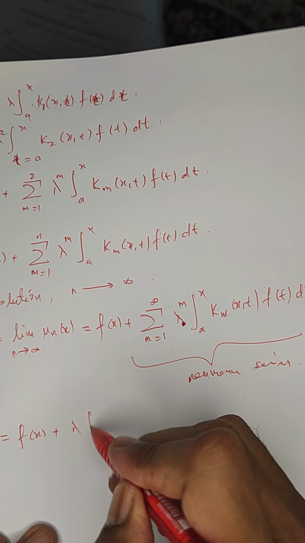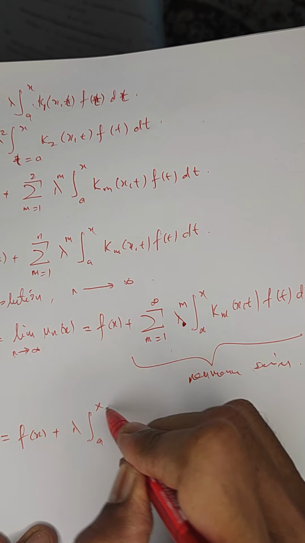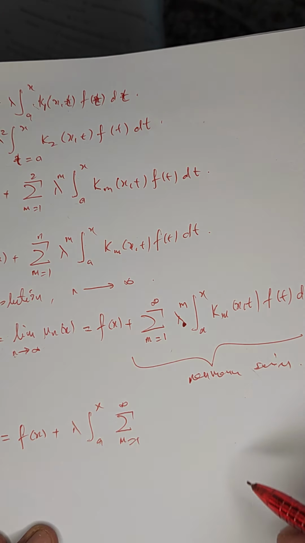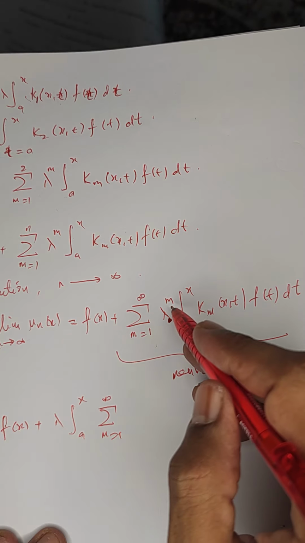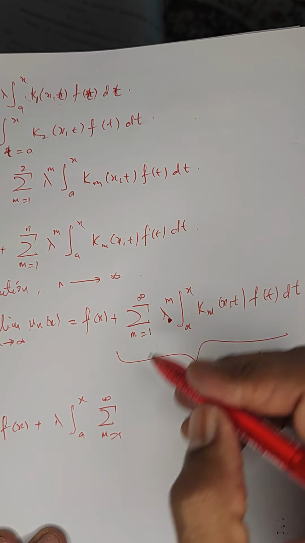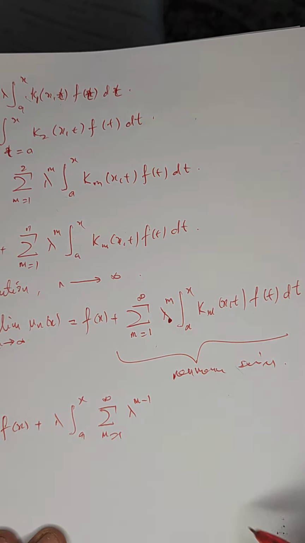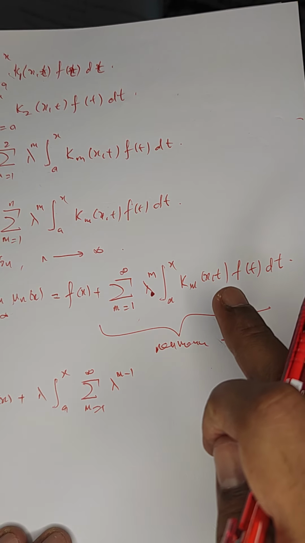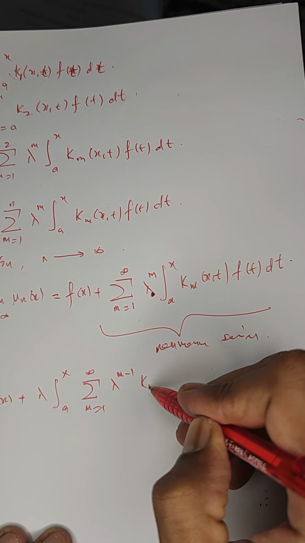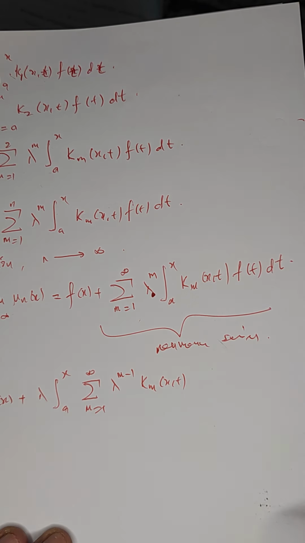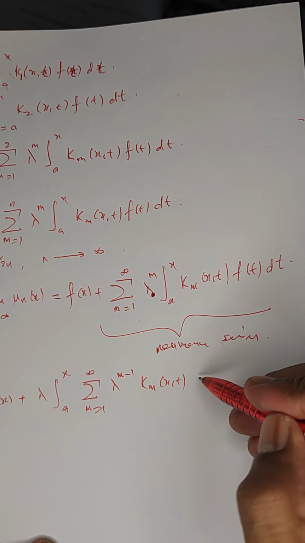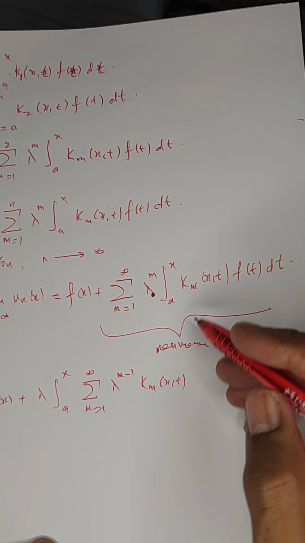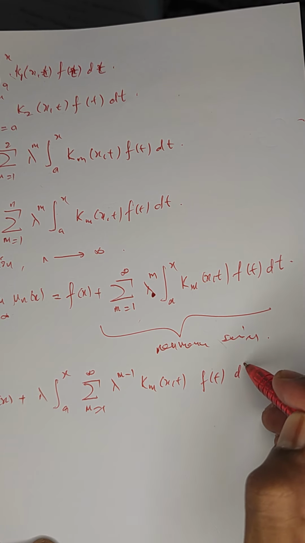Then we integrate from a to x, then we sum up m from 1 to infinity. Since we have taken out one, what is left is lambda^(m-1), and then we have k_m(x,t) f(t) dt.